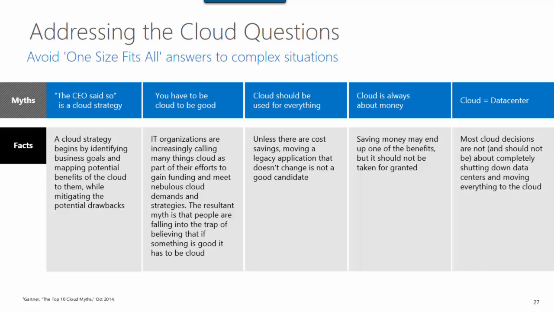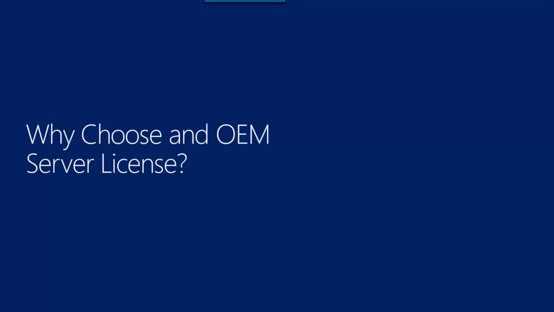Just because someone's adopting cloud technologies doesn't mean they shut down their data center. And by data center, we could just mean the rack that the customer's got with the comms equipment and the server in it, through to something much, much larger for a large organization. So now let's move on to the licensing piece.